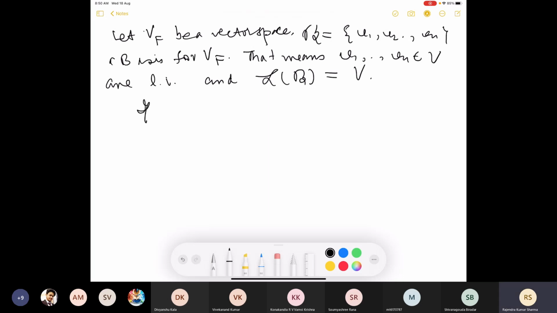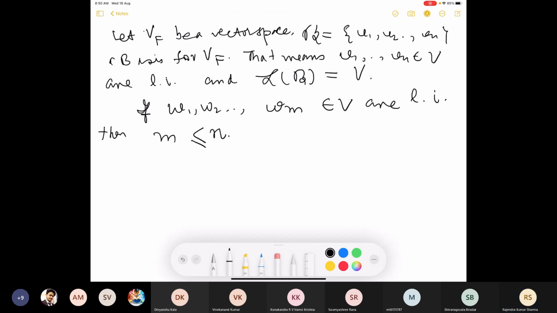Now, if W1, W2, up to Wm in V are linearly independent over F, then what we prove is that this m cannot exceed n.